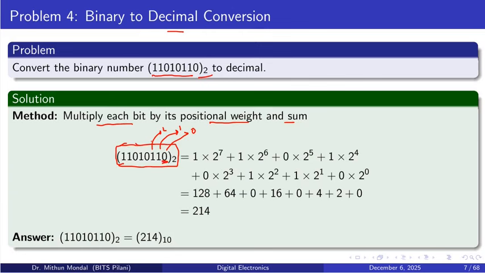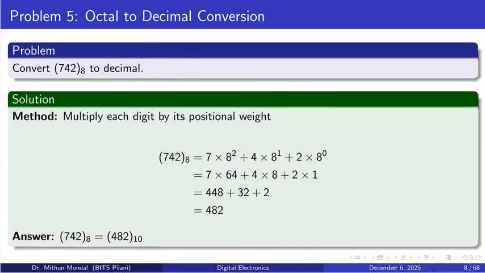The last one is a 0, so it will have 0 into 2 to the power 0, and 1 into 2 to the power 4. If we add it all, we get 214. So the binary number system is converted to the decimal number system, which is 214.